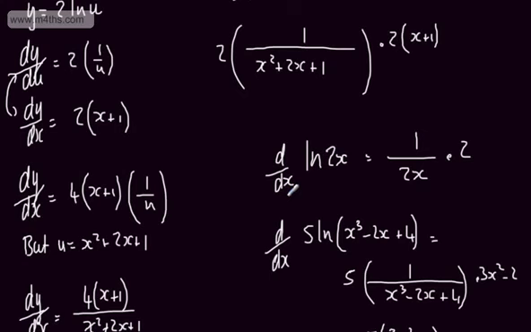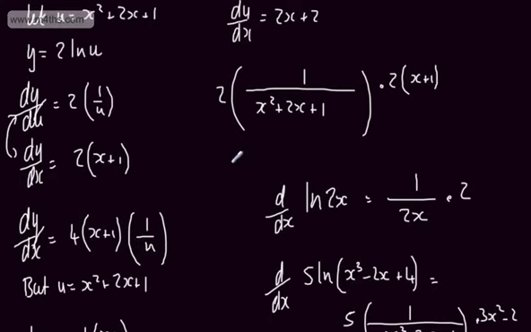You can make the substitution back for u as a function of x, or you could just simply do it in this very mechanical process of differentiating the outside function, rewriting the inside function, and multiplying through by the derivative of the inside function. As long as you're quoting the chain rule in an exam, you will not be penalised.